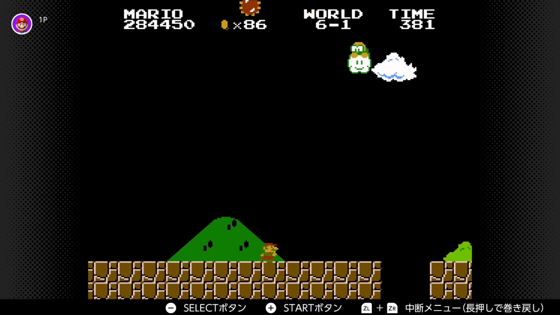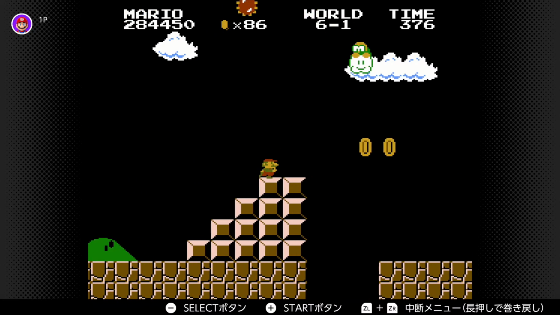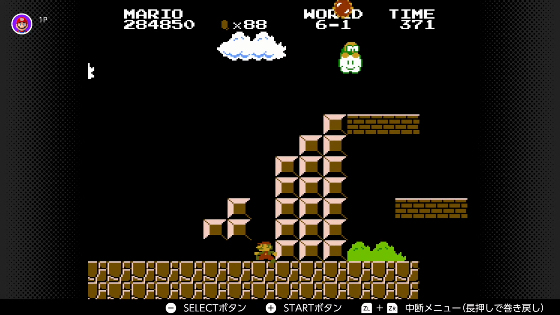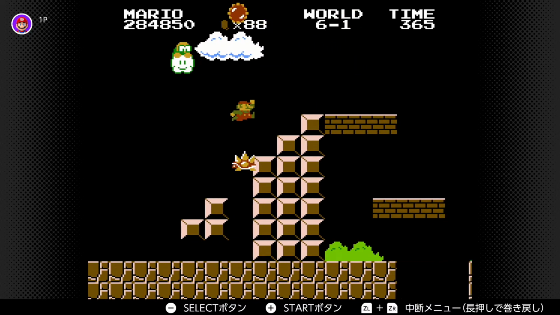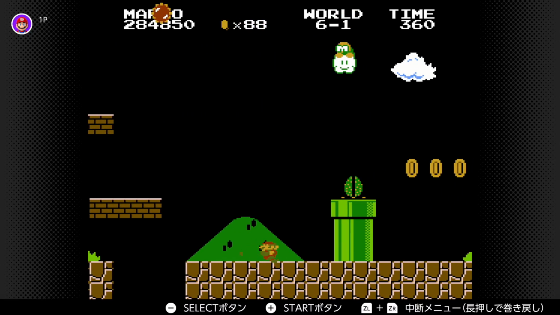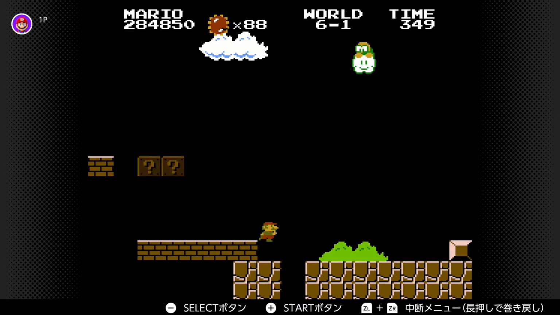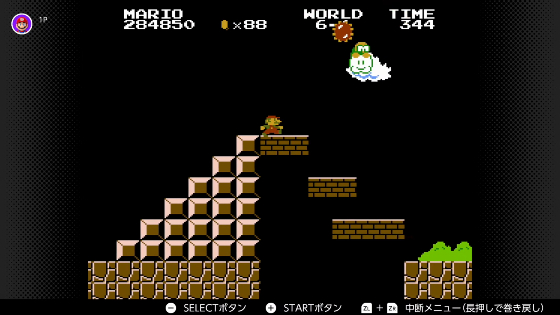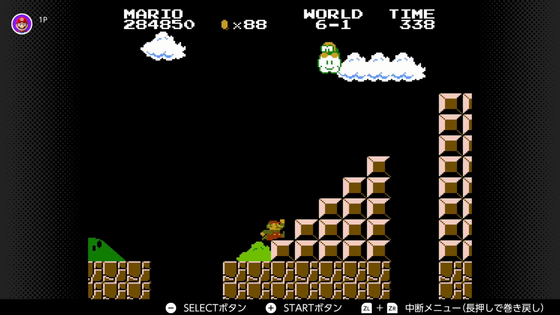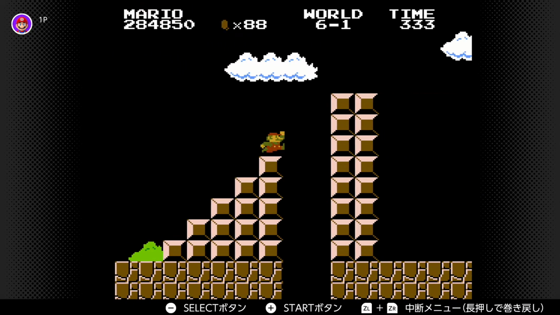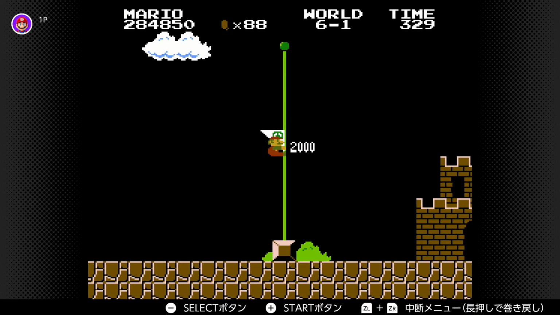Again with the nighttime stages. There are key to. Let's wait. The good thing is that now I know what to expect in these levels. Luckily, 6-1 is quite short.